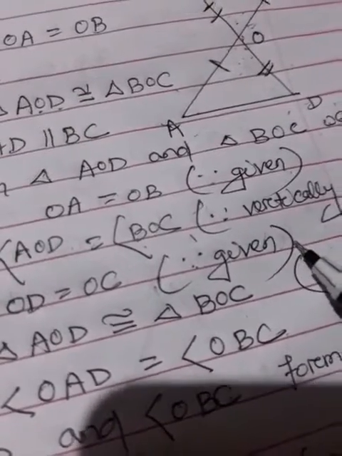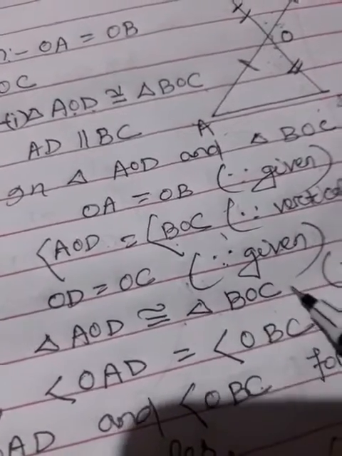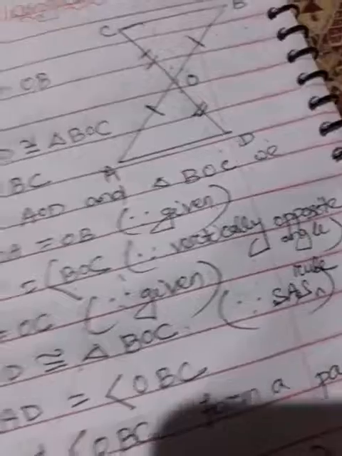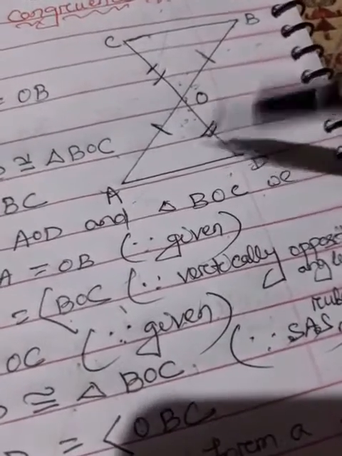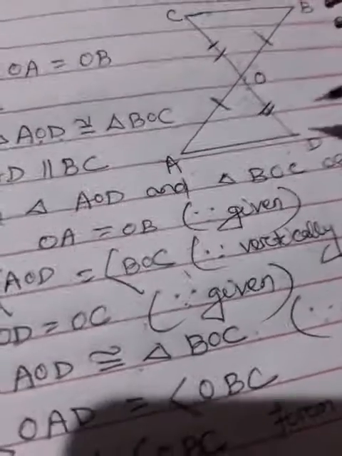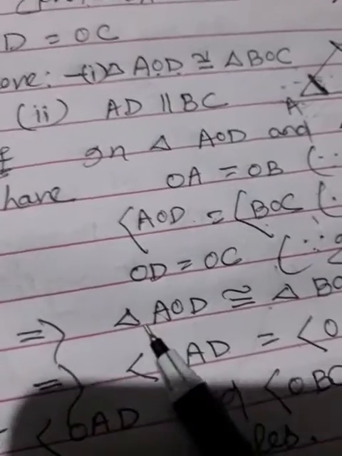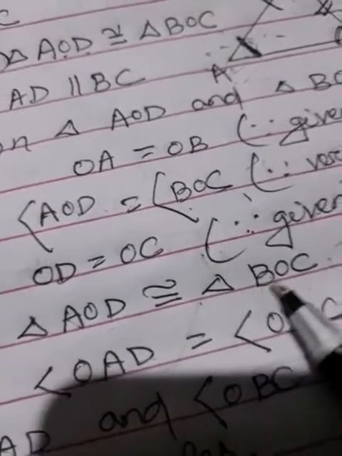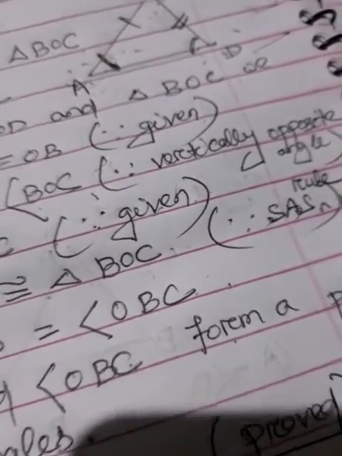Next, OD is equal to OC. This is given. So triangle AOD is congruent to triangle BOC by SAS rule. Side angle side, that is axiom 7.1.